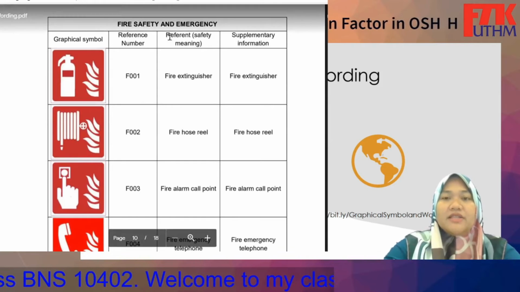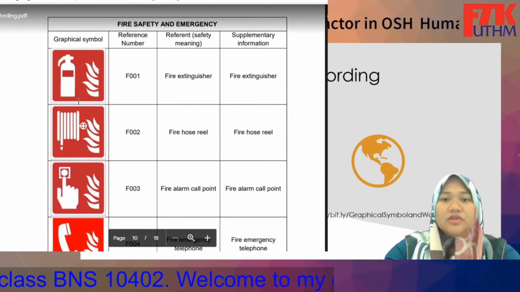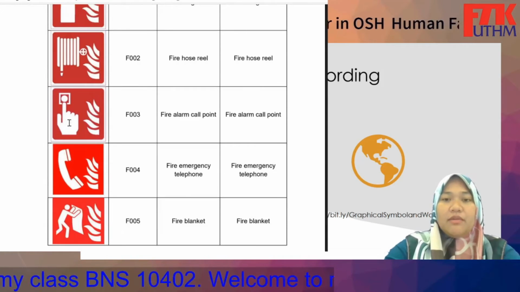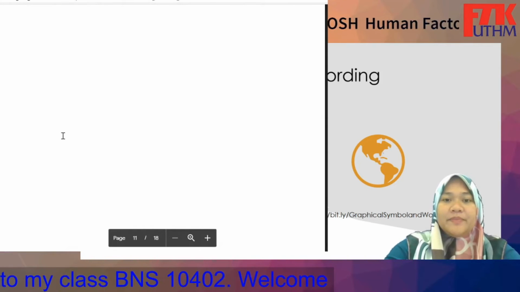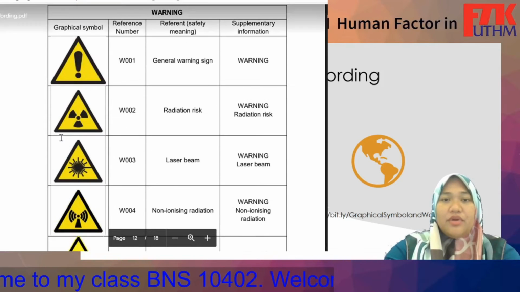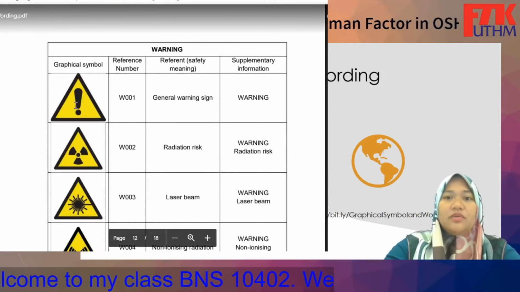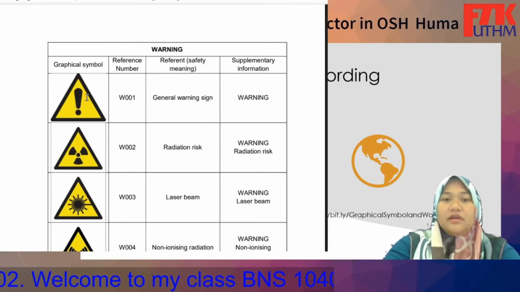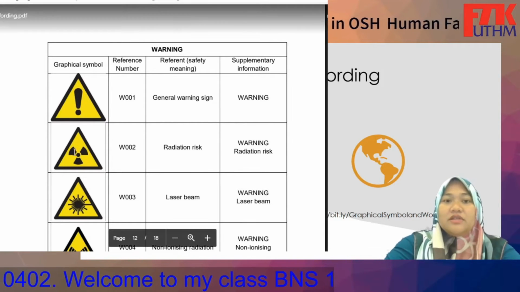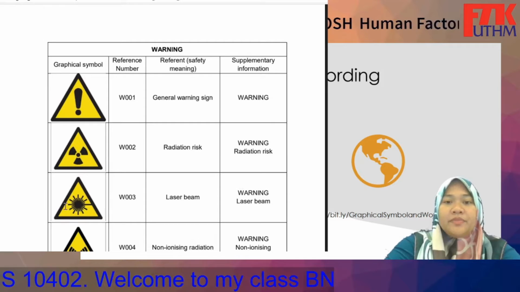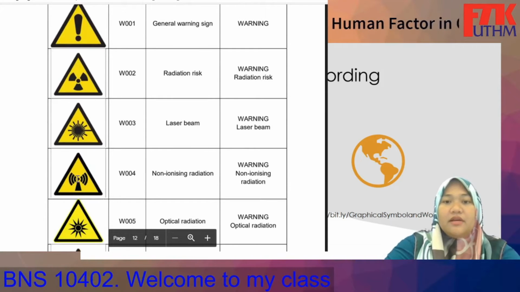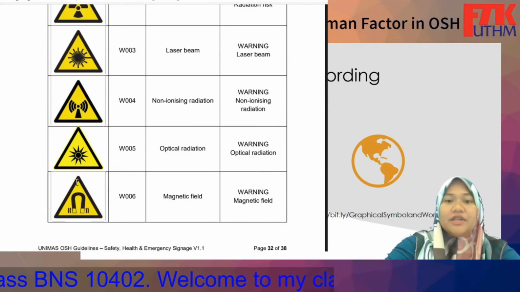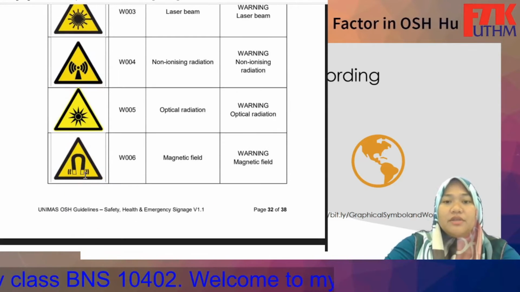Fire safety emergency: this is fire extinguisher, fire hose reel, fire alarm call point, and etc. So warning, you have the general warning sign. It's a warning of thunderstorm. Radiation risk: laser beam, non-ionizing radiation, optical radiation, magnetic field.